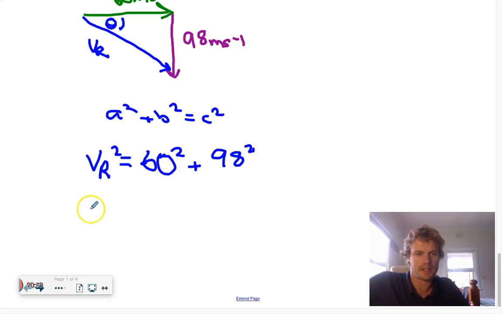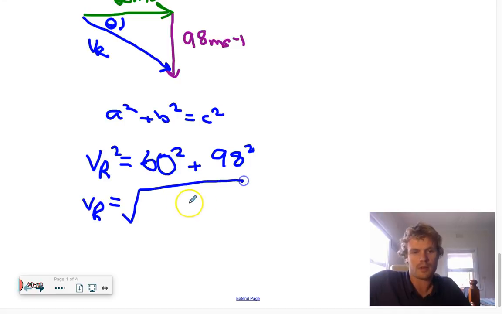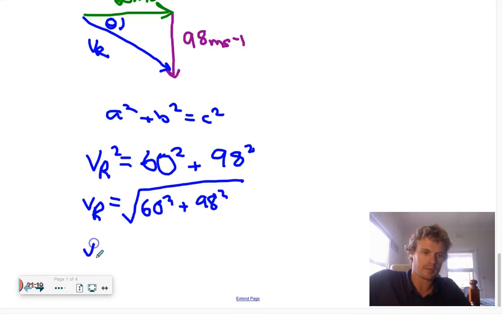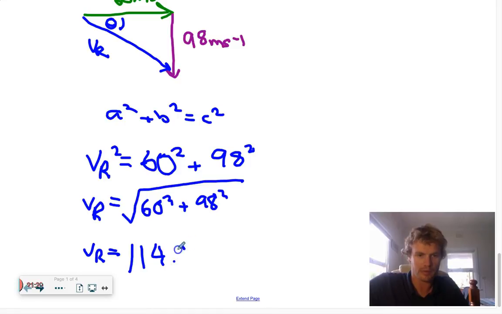To get rid of the squared, I take a square root, so my velocity resultant is equal to the square root of 60 squared add 98 squared. And my resultant velocity, if I chuck that in the calculator, is going to be 114.9 meters per second.